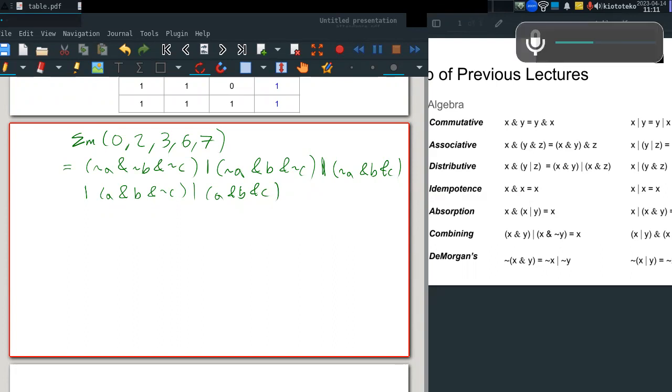Not A and B, not A and B, yes, you can do this. Exactly. You can choose to use combining with this one or with this one. So let's keep the first one intact and apply combining.